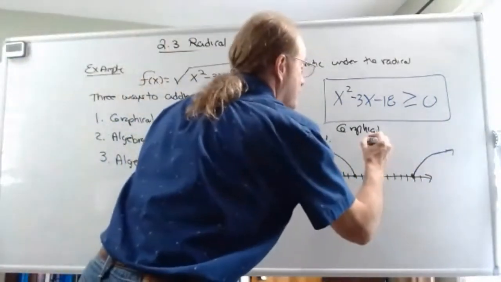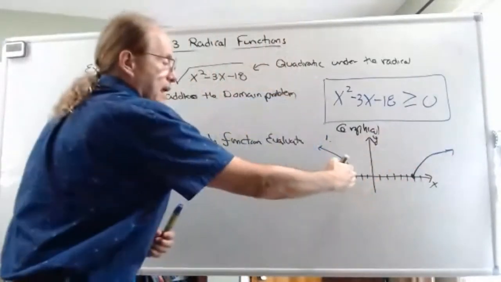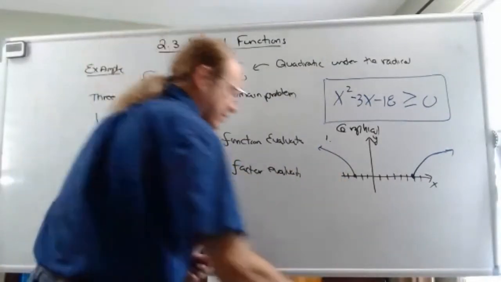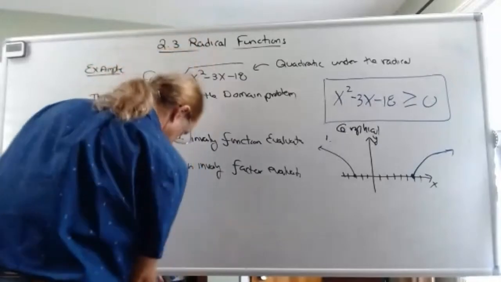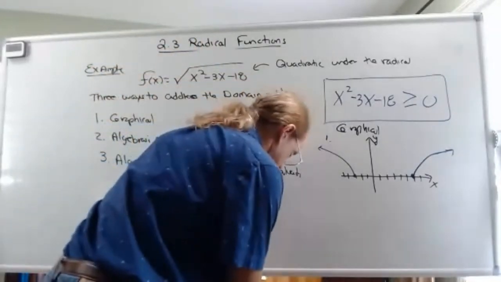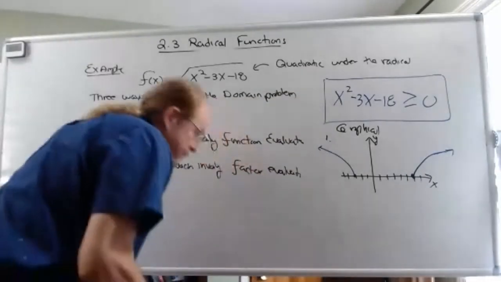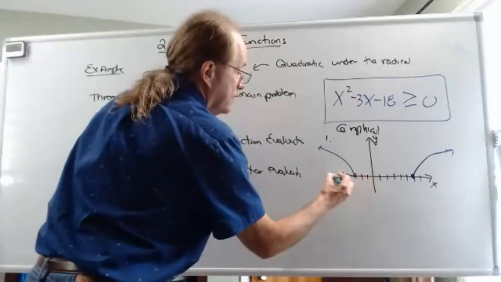From this, we can ascertain that the x value has to be to the left of -3, all these values and to the left.